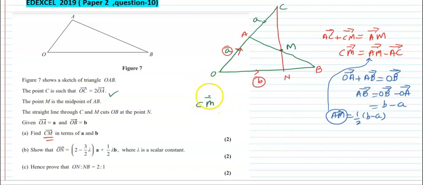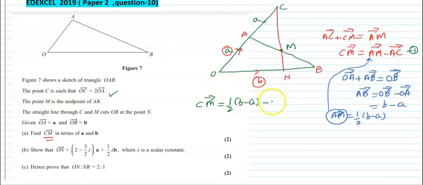From equation 1, CM equals AM, which is half B minus A, minus AC, and AC is A to C. This portion is also A, so CM is half B minus A, minus A.